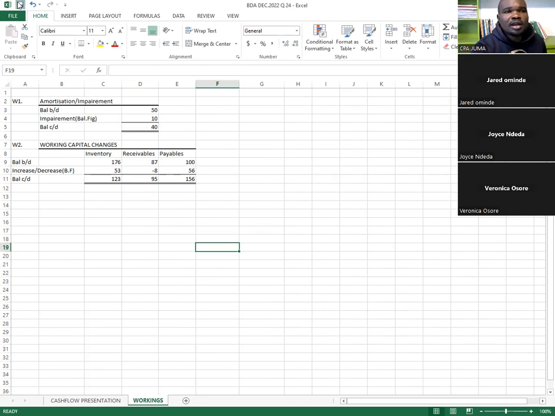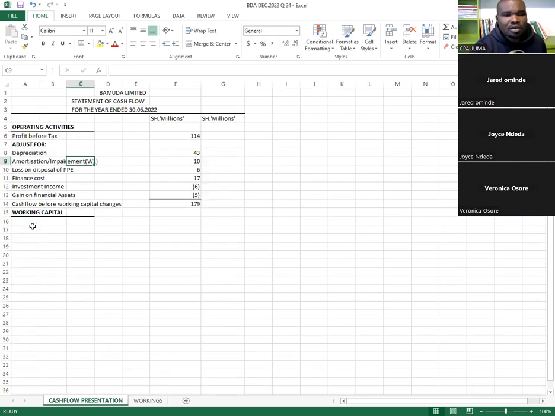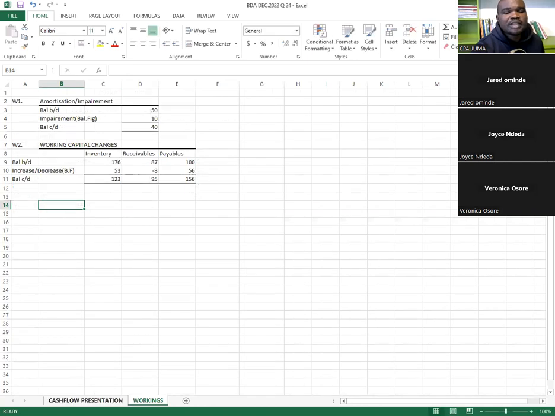So when I go back, inventory is an increase. So you will come here and say increase. It is increase or decrease? Sorry. Decrease. It's a decrease, yes.